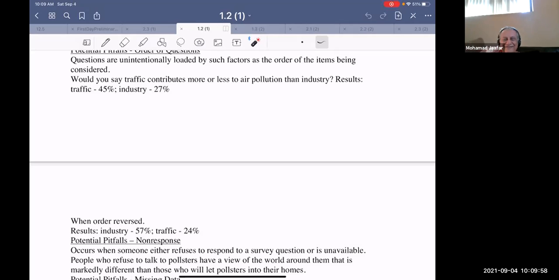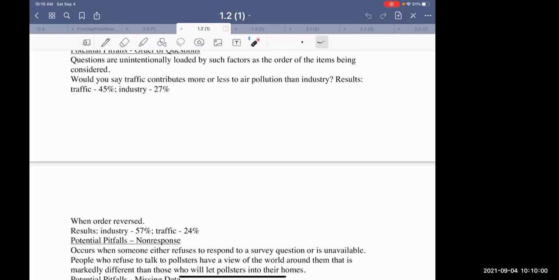The eye doctor cycles through, and that's why they don't care which one you're picking. They flip it really fast: this or that, this or that. And then they go to the next one, and the cycling through asks you the same question more than once, but in a different order.